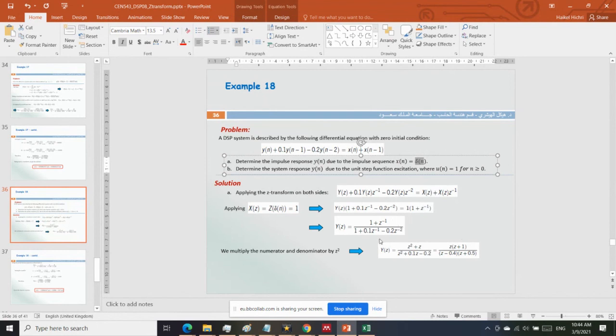With this part, we took Y(z) as a common factor. So Y(z) times 1 plus 0.1 z minus 1 minus 0.2 z to the power minus 2.